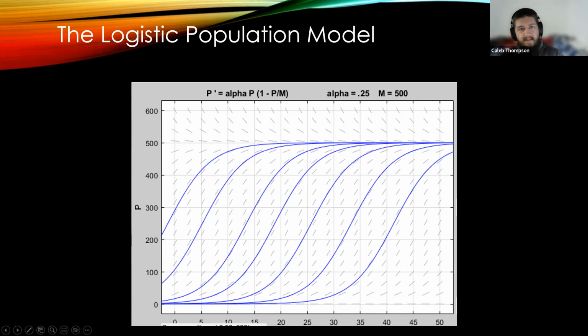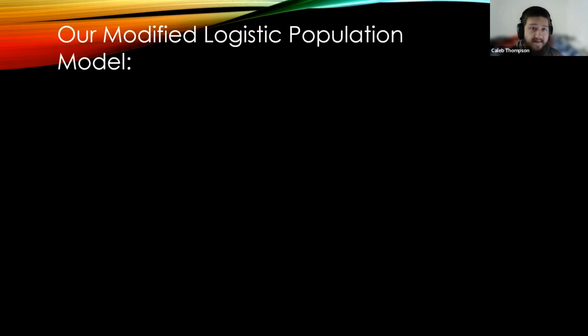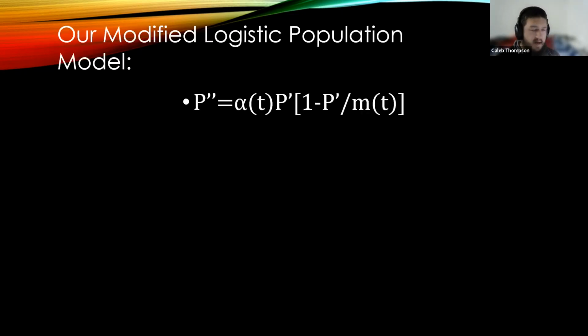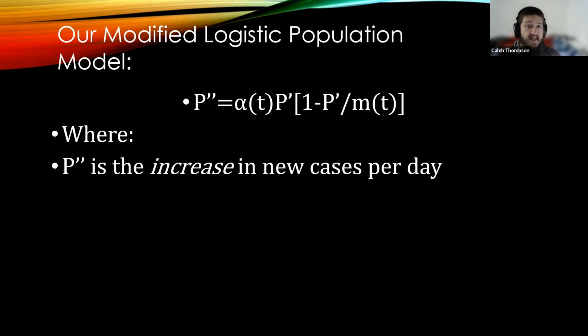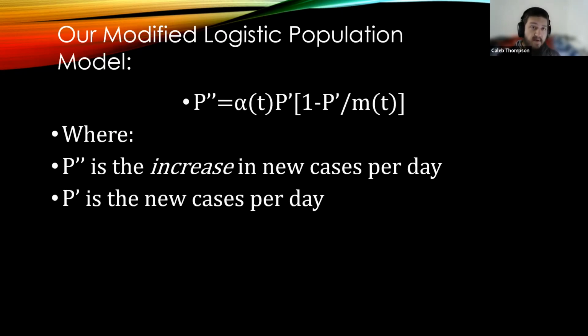Now, this population model, this was back in 2020 when COVID was top of everyone's mind. I worked with a professor at Du Bois who had done research himself on this logistic model, and we modified it. We said that P double prime was the increase in the number of new COVID cases per day, which makes P prime the number of new cases per day.